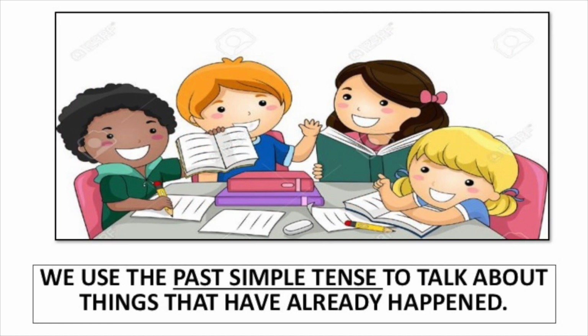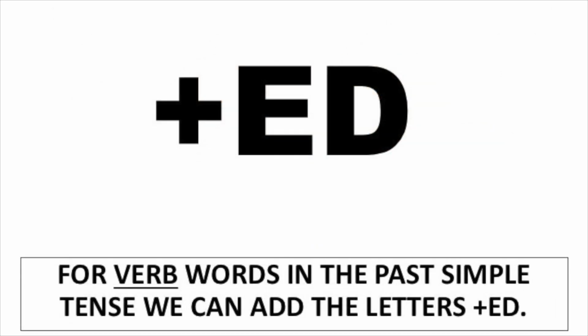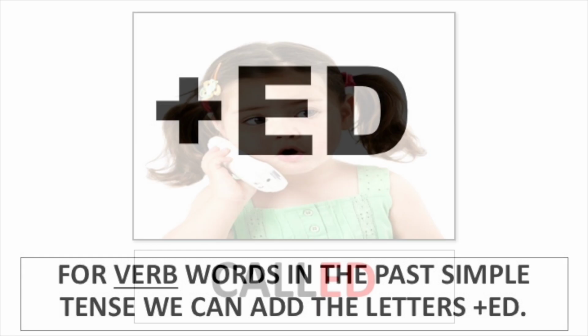We use the past simple tense to talk about things that have already happened. Yes, if it's in the past, it's already happened. For verb words in the past simple tense, we can add the letters ed, like we've learned already.